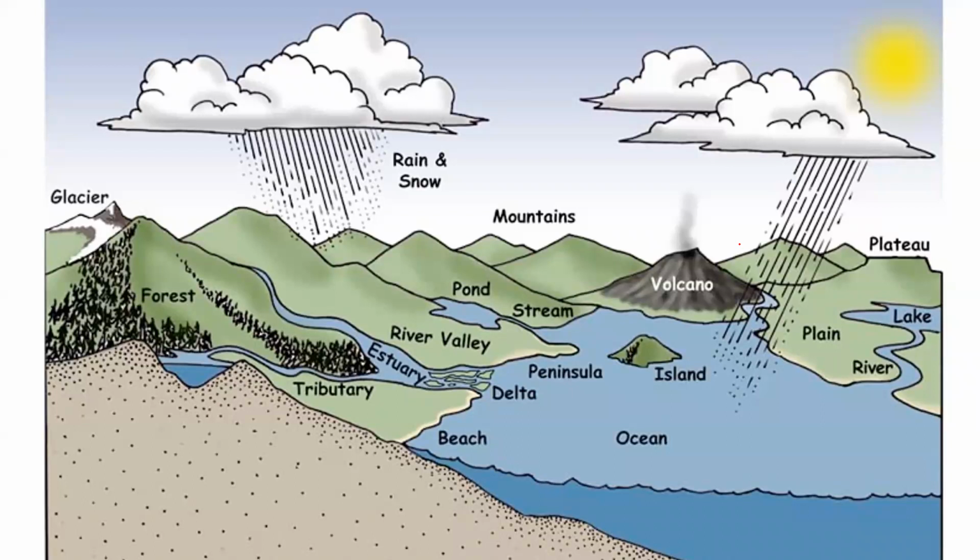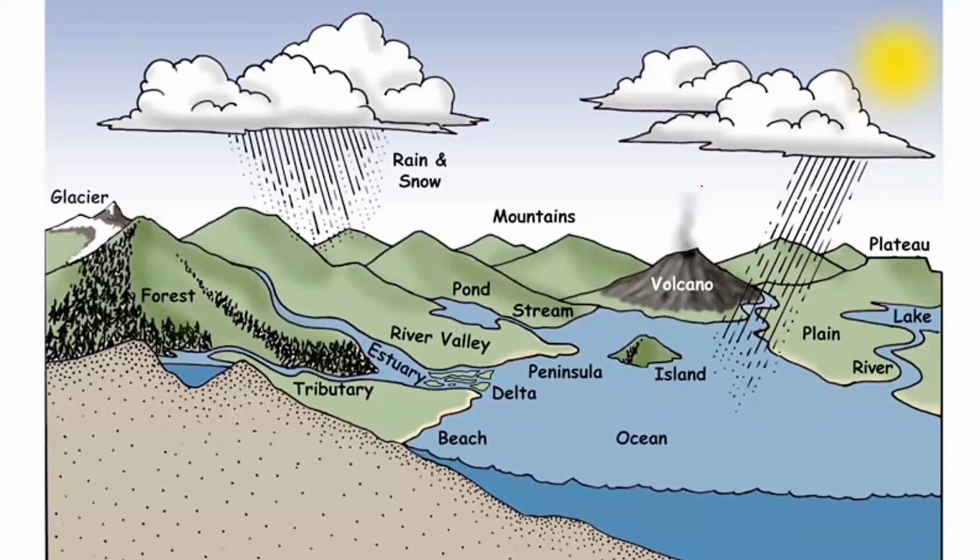Now, what about this picture? We learned from this picture that Earth has many different forms of water and land. Land and water. Great, Ala.